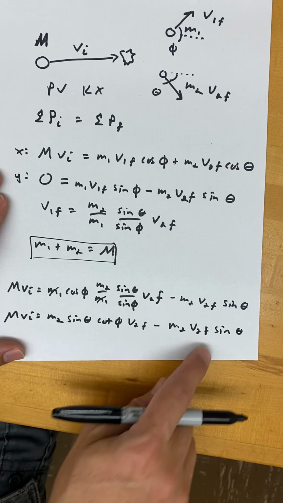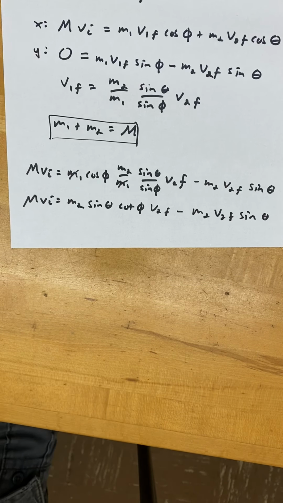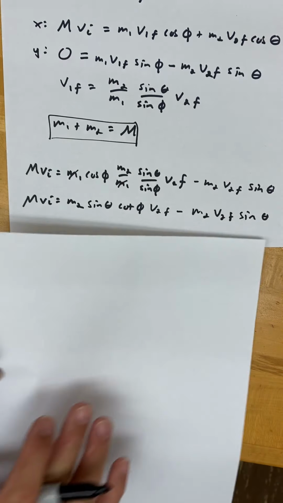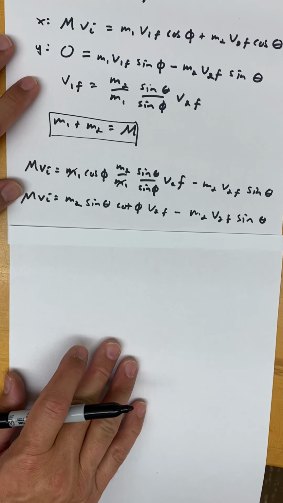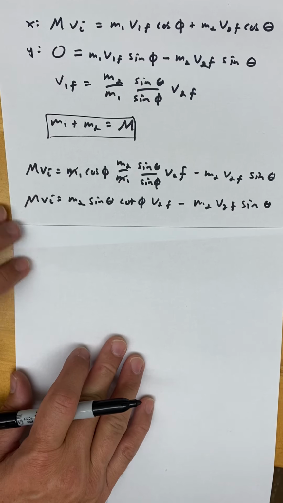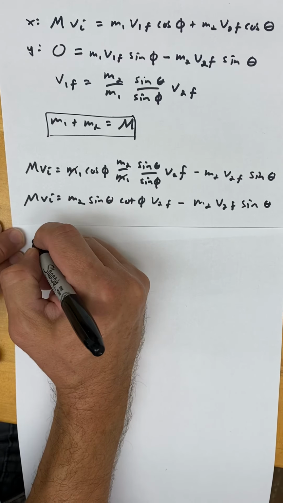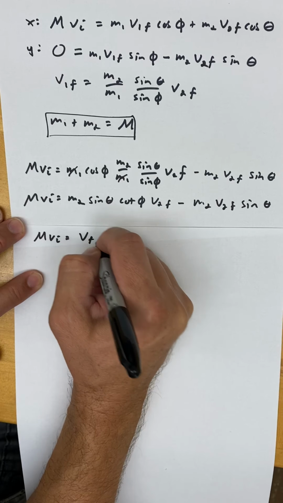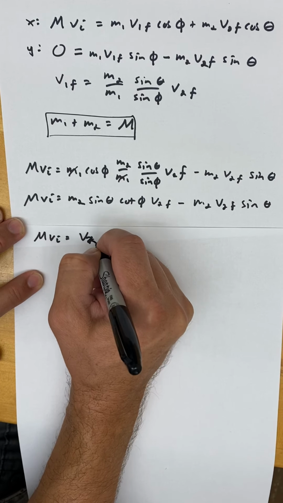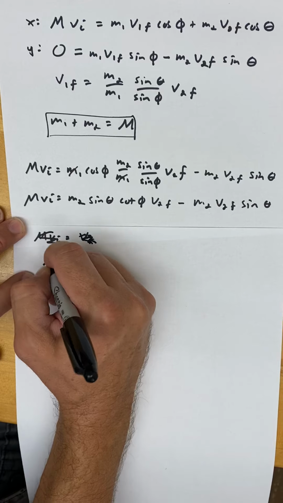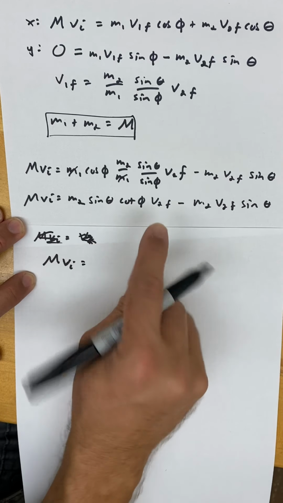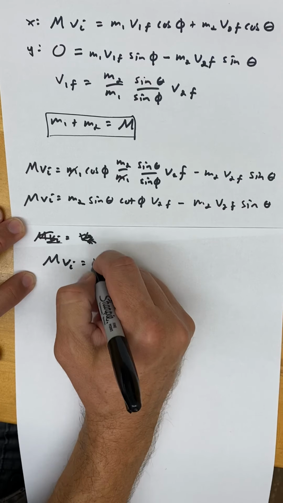Next I need to collect the like terms. Let me move this up. Make sure we're all nice and in frame here. I'm going to get capital M V initial is equal to V2 final in both terms.